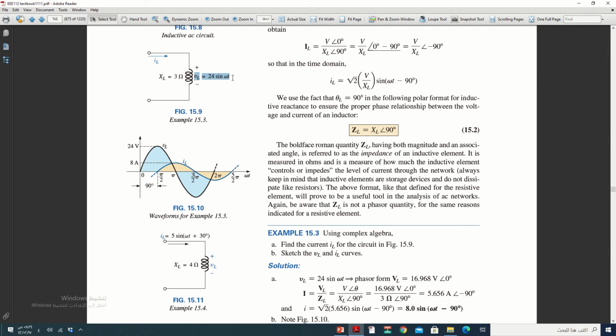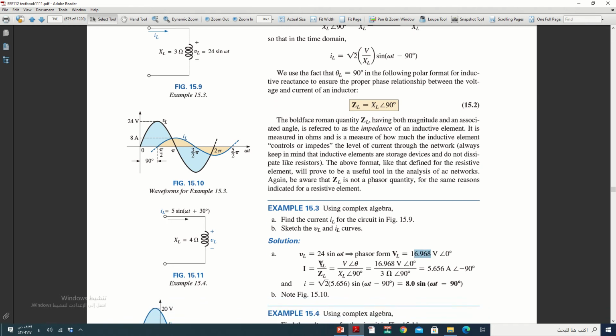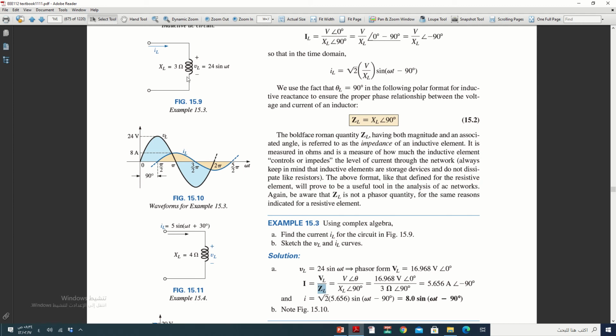VL equals 24 sine omega t. We will divide 24 by root 2. You will get 16.968. And then divide VL by ZL. 16.96 divided by 3, which is 3 ohm here, with 90 angle. The final answer is 5.656 with minus 90, since 0 minus 90.